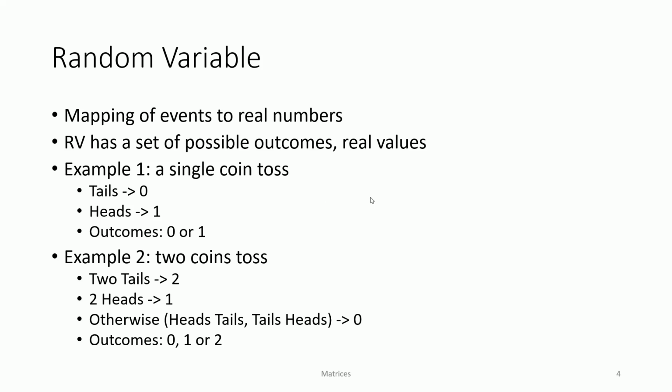So in this case, we're talking about possible outcomes. What can we see with 2 coins toss? We can see only 4 possible outcomes, but they're mapped to only 3 numbers. So in terms of the random variable, there's only 3 outcomes. In terms of the events, yes, there's 4 events, but in terms of the random variable which we created in example 2, there's only 3 outcomes.